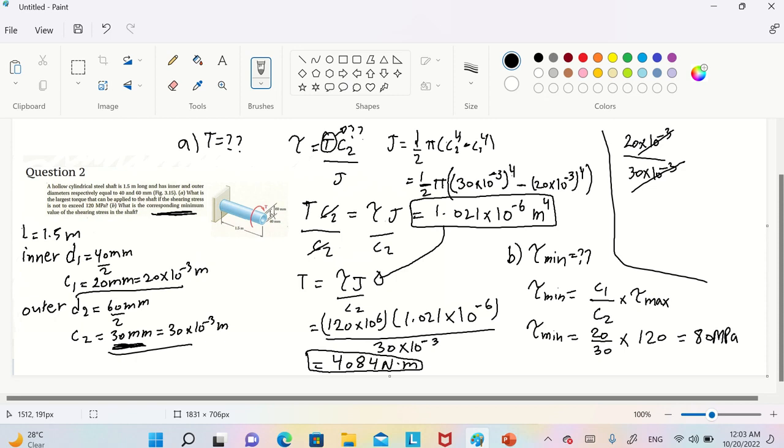So no need to put times 10 to the power minus 3 times 120 megapascal. Why? Because whether shearing minimum or maximum, the unit of shearing stress is megapascal. So we don't need to transfer megapascal to pascal, because at the end you would have to change the pascal back to megapascal. So 20 over 30 times 120 will get 80 megapascal.